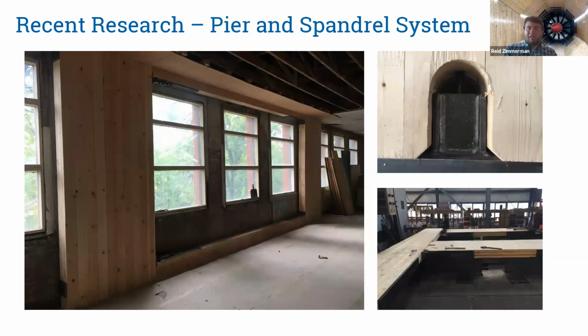Moving things along, I'm running out of time here. I want to talk about another project, which is just a teaser for a presentation in a couple of weeks, which is the Pier and Spandrel system that we have been working with Oregon State University in developing.